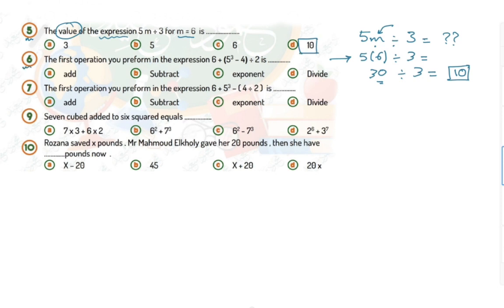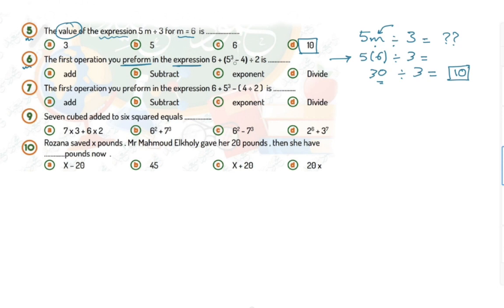Point number 6. The first operation you perform, meaning what to do first, in the expression 6 plus parentheses, inside the parentheses we have 5 to the power 3 minus 4, end of parentheses, divided by 2. Look with me.